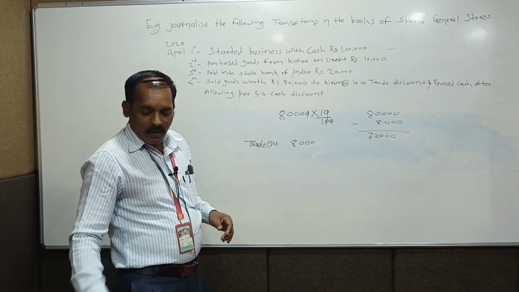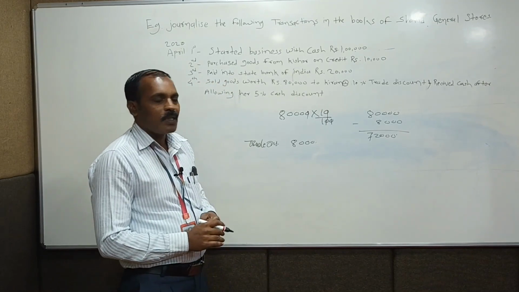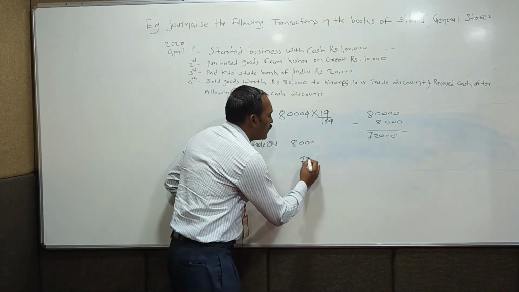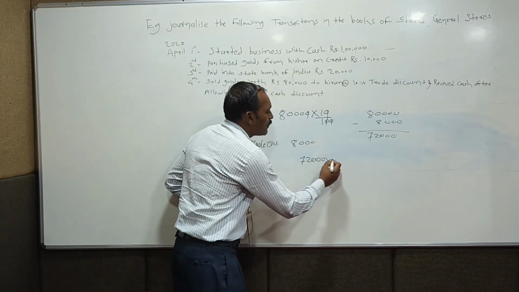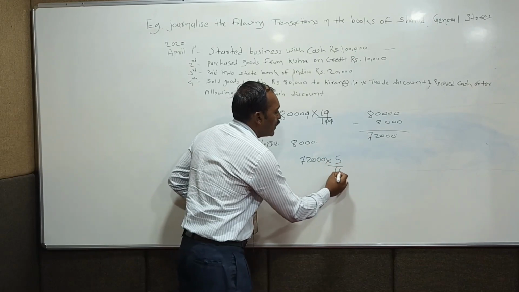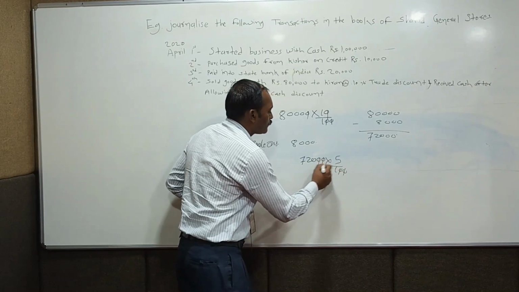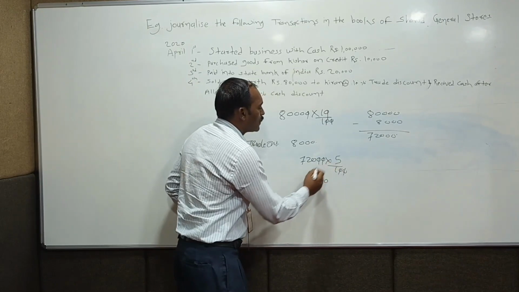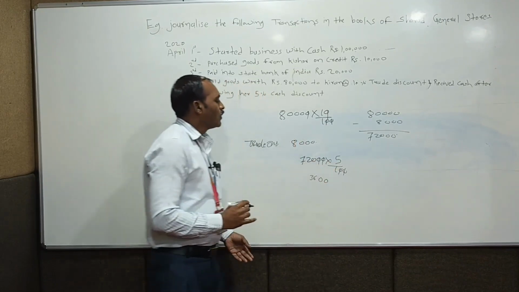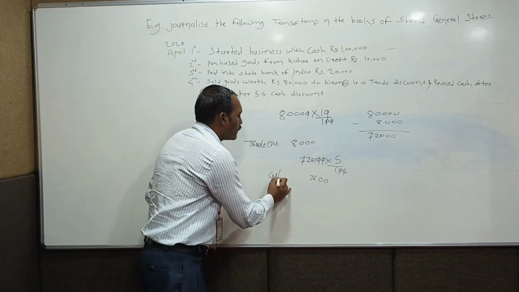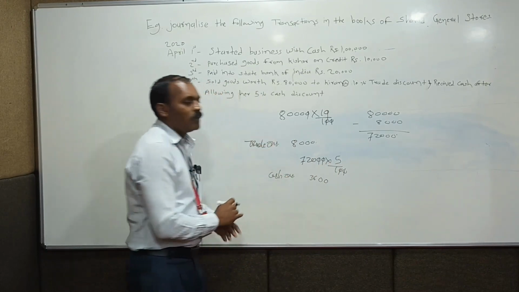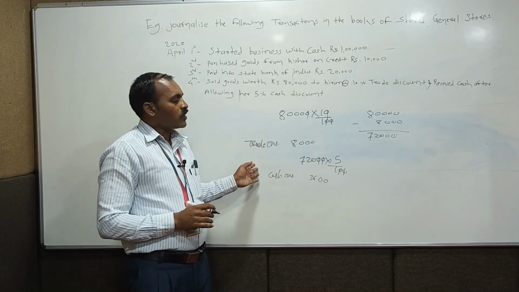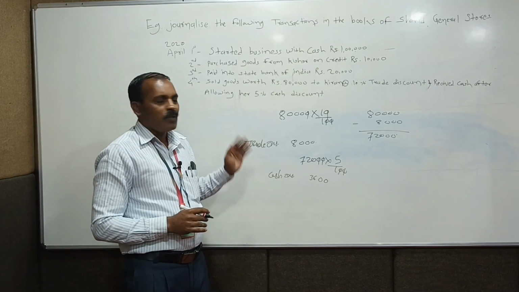The rate of cash discount is 5% and the amount is 72,000. So 72,000 multiplied by rate 5% divided by 100. So cash discount is 3,600. Both the trade discount and cash discount are deducted from the gross value.